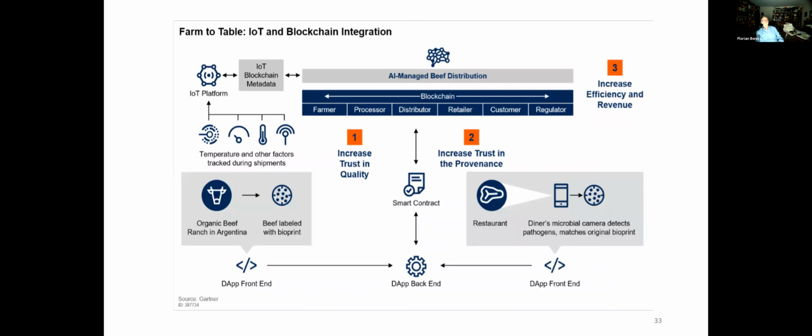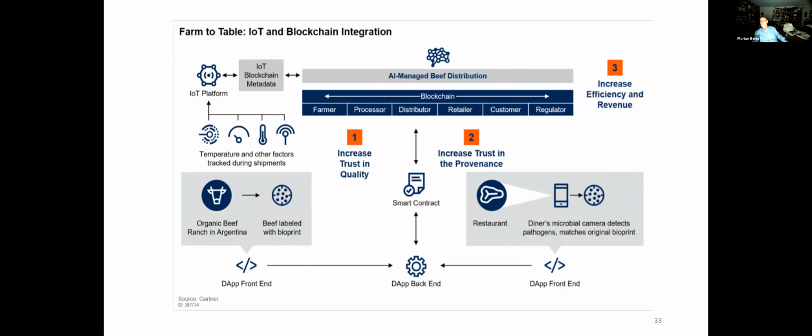So this is a diagram. This is an IBM example, it comes from IBM. IBM is very big into supply chain. If you look here, you have the IoT platform. What that means is that you have a whole bunch of sensors that are connected. A temperature sensor is an obvious example.